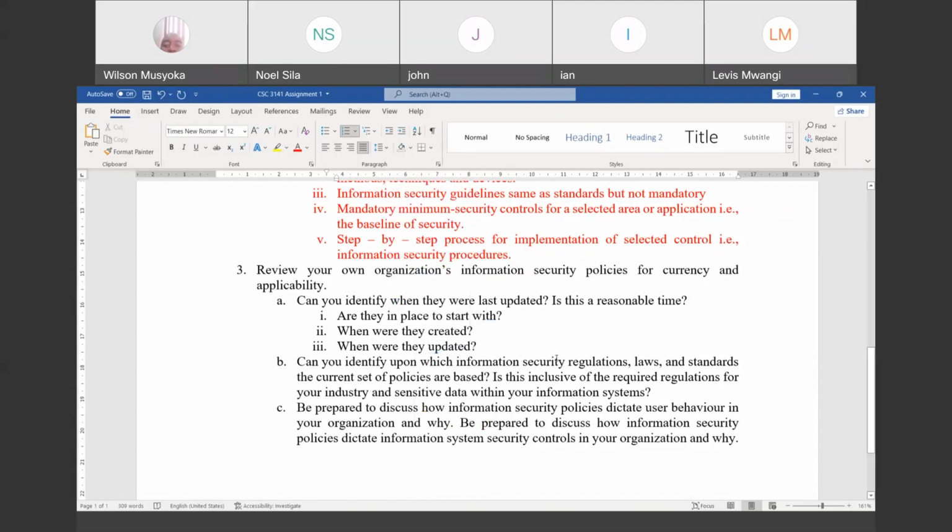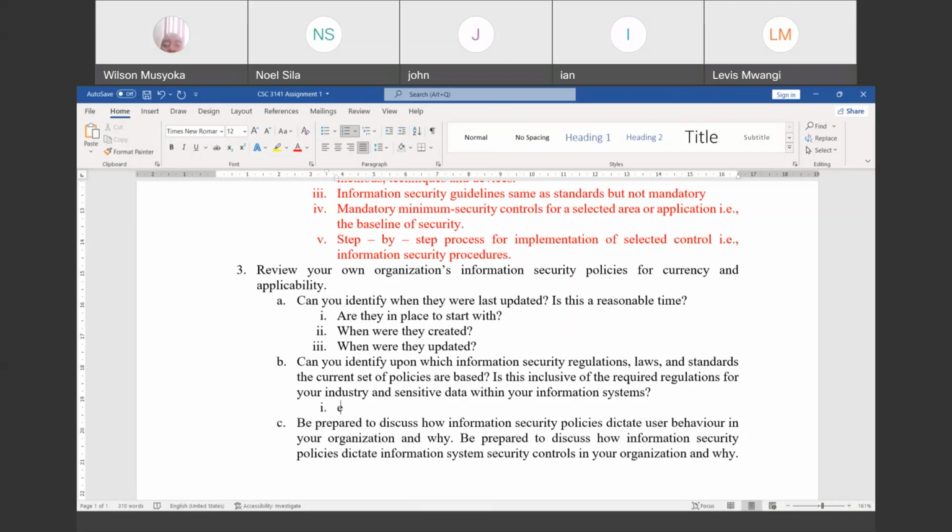And here you could take any organization, look at it, review its security policies, and then you will be answering those three questions. Then, can you identify upon which information security regulations, laws, and standards the current set of policies are based? Like we have said, you could be talking about standards like NIST, you could be talking about standards like ISO. So you want to see what they are based on.